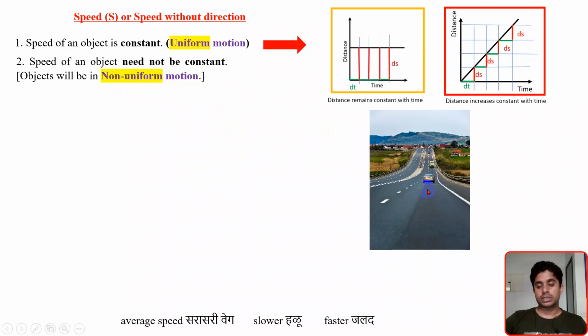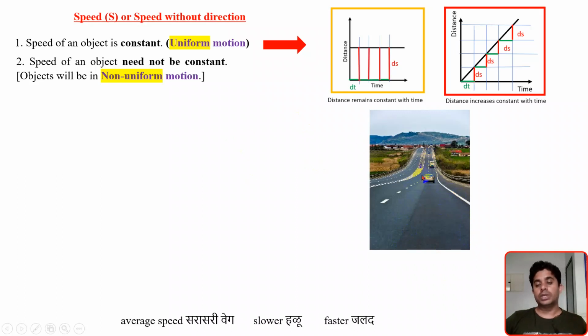Consider the same car case. Whenever there is an upward slope, we will increase the speed. Whenever there is a downward slope, we will reduce the speed. And whenever there is a flat surface, we will try to maintain the speed, or keep the speed constant.